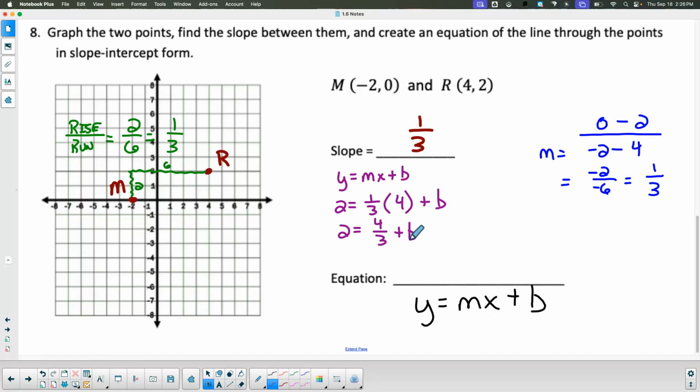So I need to write 2 with a denominator of 3. What is 2 with a denominator of 3? 6 over 3. Yep, so it's 6/3.